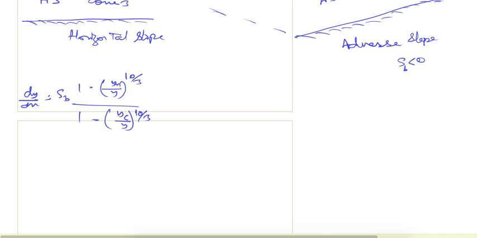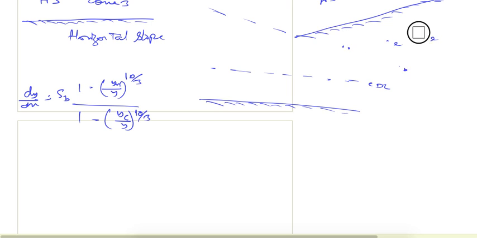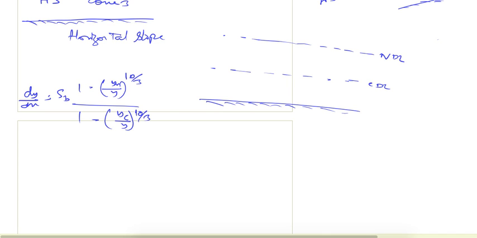So for a mild slope, my CDL line is below the normal depth line. So from here, the normal depth line is at the top, and there are 3 zones, 1, 2, 3.